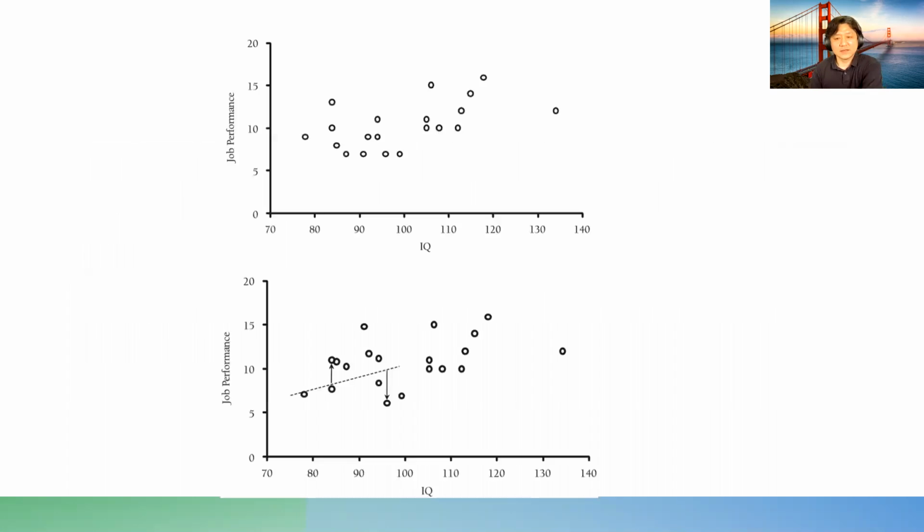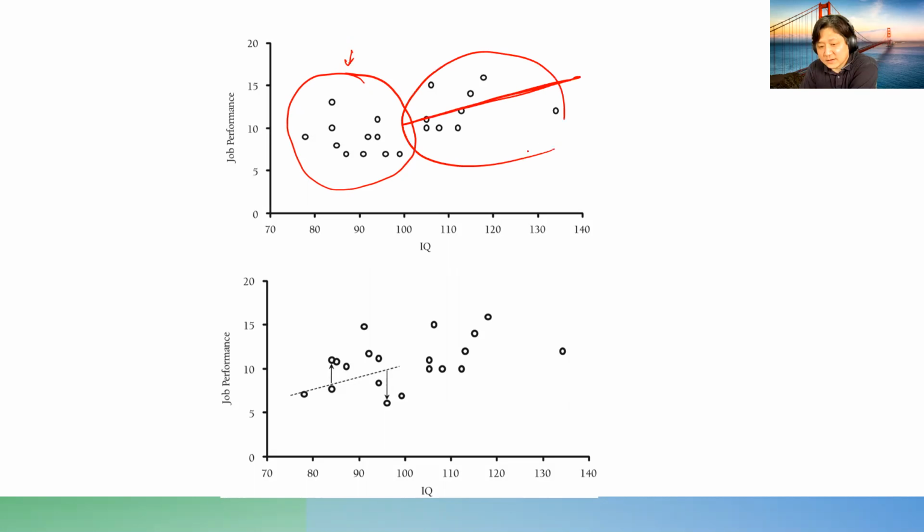So here is an example. Like I said, this part is missing. We find the regression line using the complete data set, and this is our regression line. In the regression approach, we just impute all the values on this regression line.